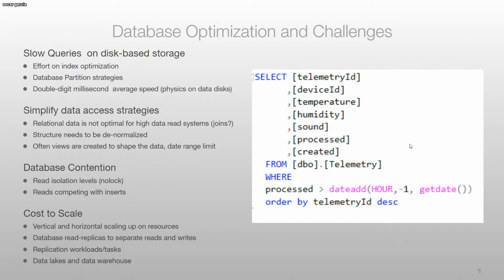And you have the cost to scale too. So you start doing replications, you start indexing and doing all kinds of strategies to optimize the database, that you start spending a lot of money. And ultimately, you want to go into a data lake and data warehouse implementation, because it's a lot more powerful, and you're going to have a lot of parallelism, so much better performance.